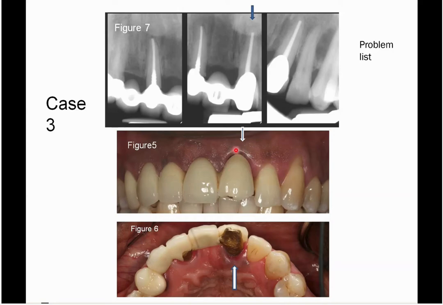So maybe a violation of biologic width. And then we got an open margin here. So we have poor crown margins that are plaque retentive. We have placement of a margin that was probably subgingival, and now the tissue's receded, and we have uneven topography.